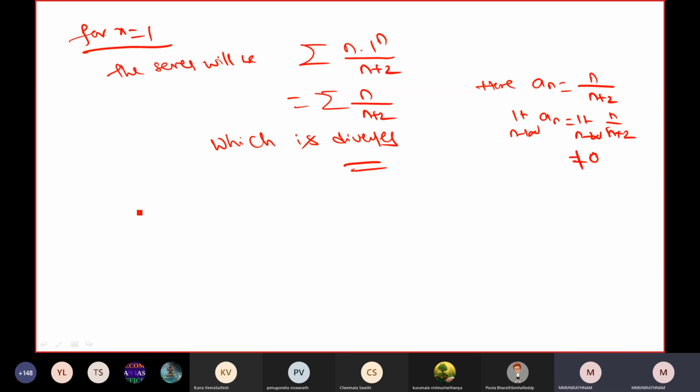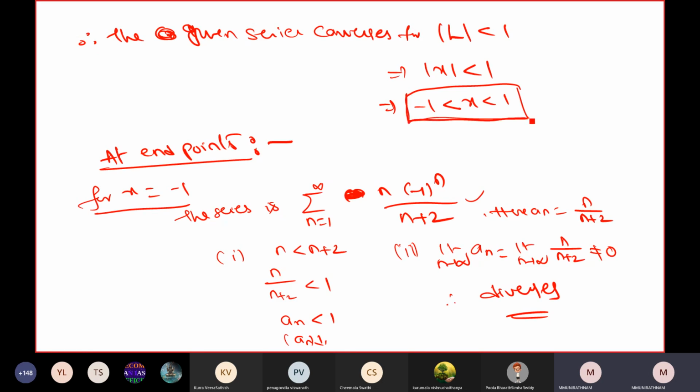So therefore, the given series converges for... So here both endpoints are divergent.